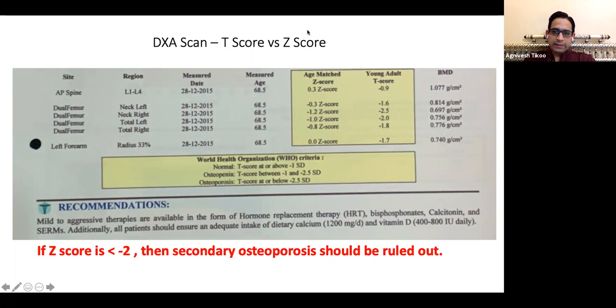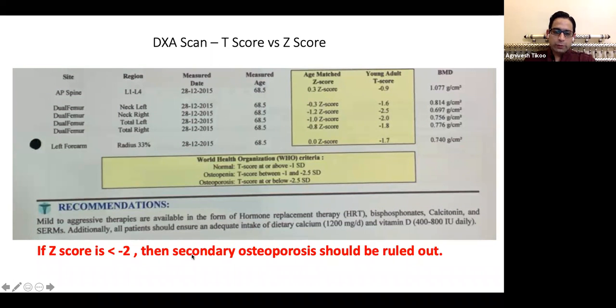And there is another one called the Z-score. We talked about the T-score, which compares bone density with that of a young person. For the Z-score, if we want to compare the bone density of a 60-year-old with that of another 60-year-old who does not have any symptoms, then you use the Z-score.